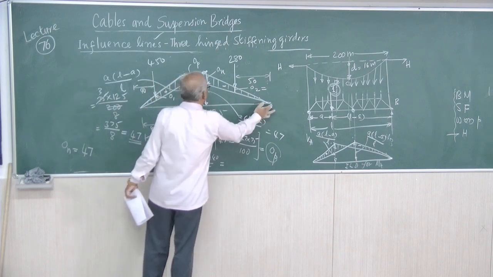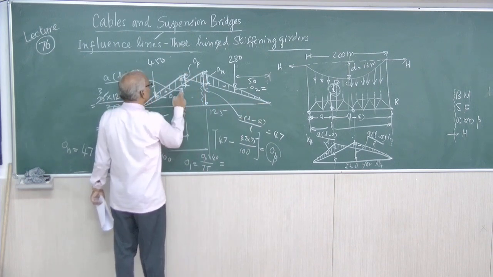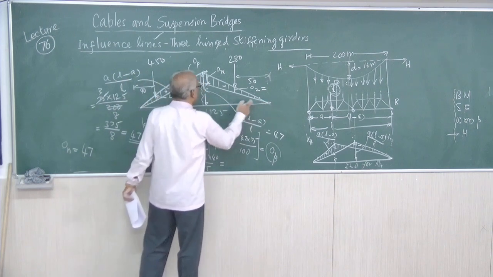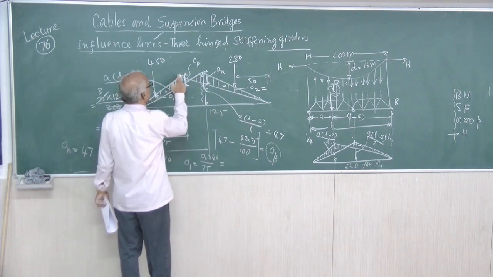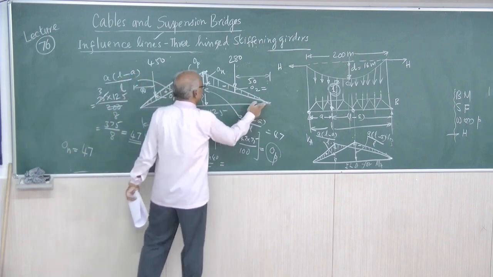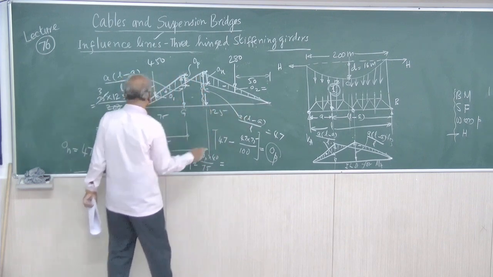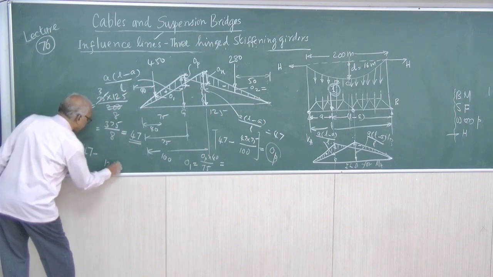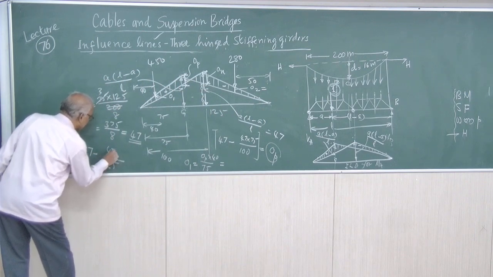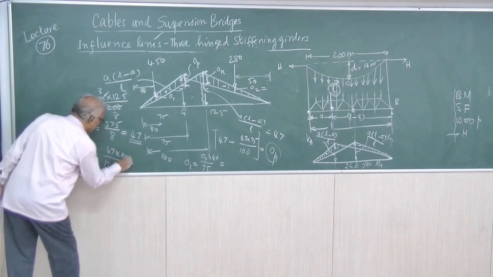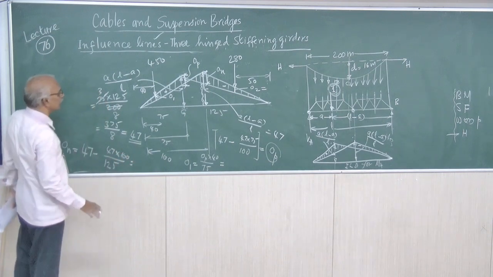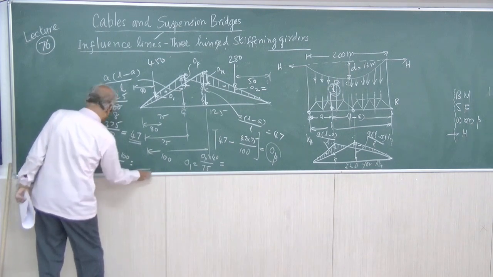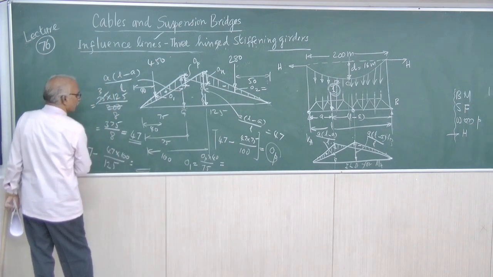That is, for 125 from the right hand side, if it is 47, what is the value for 100? That we will have to calculate. That will give you the value of ON.